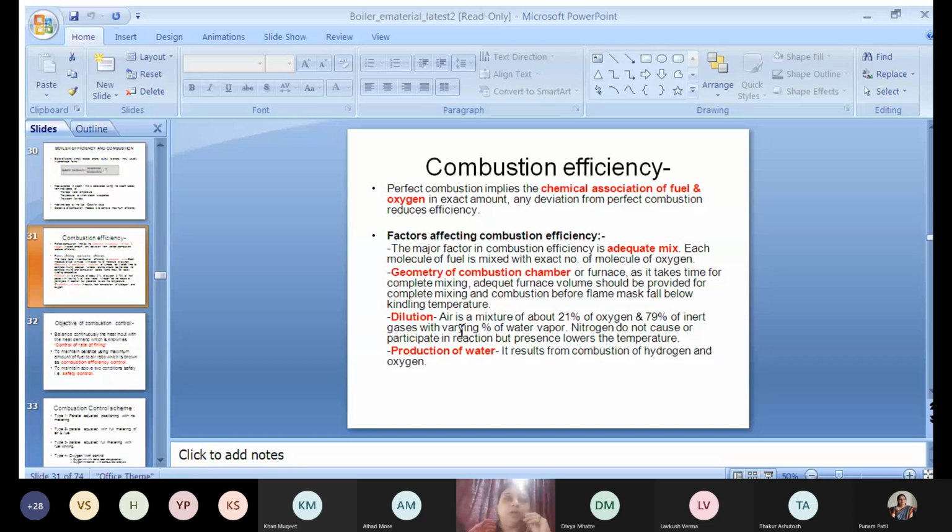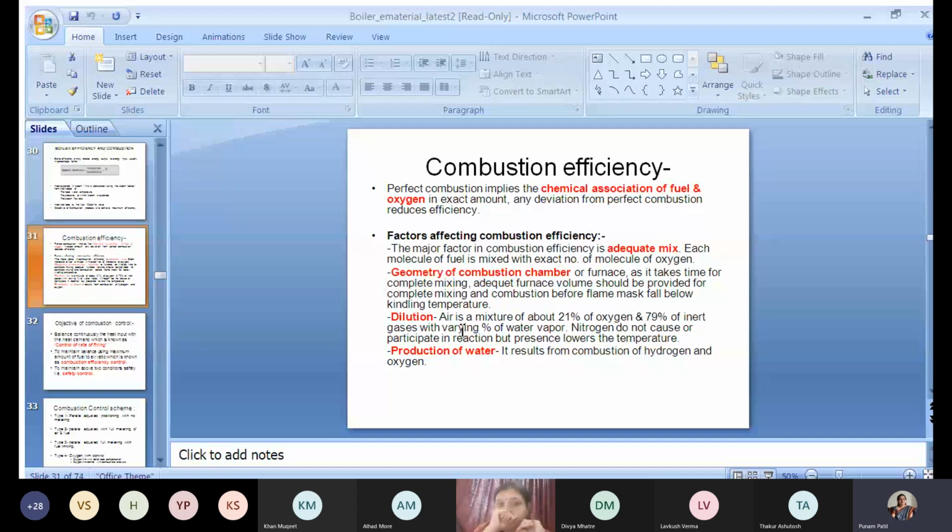Dilution, as the air and fuel mixture is considered for the combustion process. As we know, air is a mixture of 21% oxygen and 79% inert gases, mostly nitrogen gas 78% and 1% other inert gases, right?